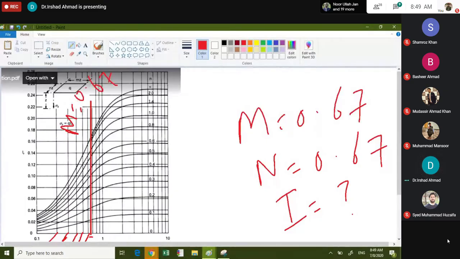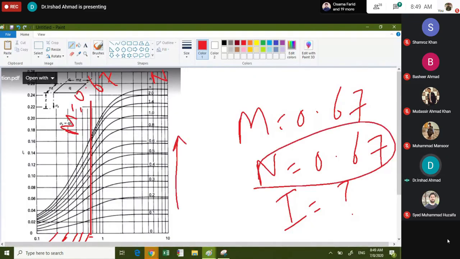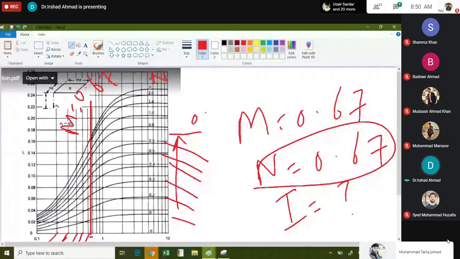Now n. These are different values of n. n is also 0.67. So see, this is 0.1, 0.2, 0.3, 0.4, 0.5, 0.6, and this is 0.7. So just below 0.7 is 0.67.